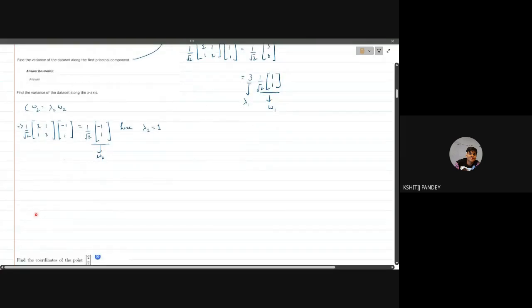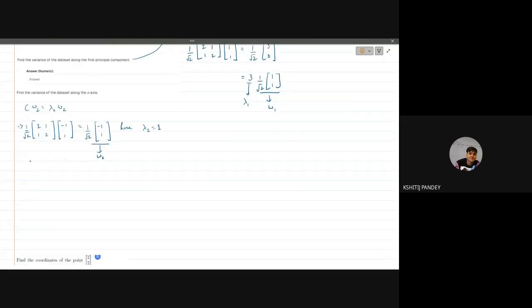Let's do this last second part: finding the variance along the x-axis.